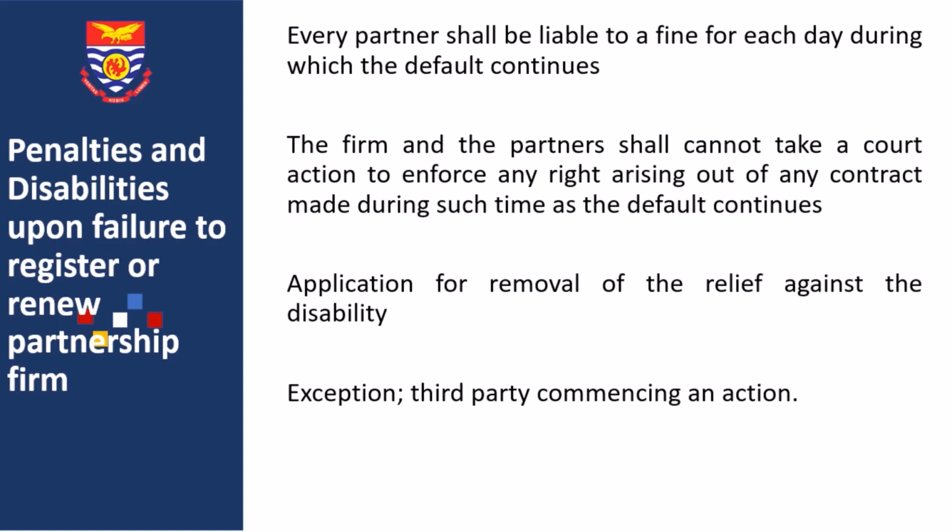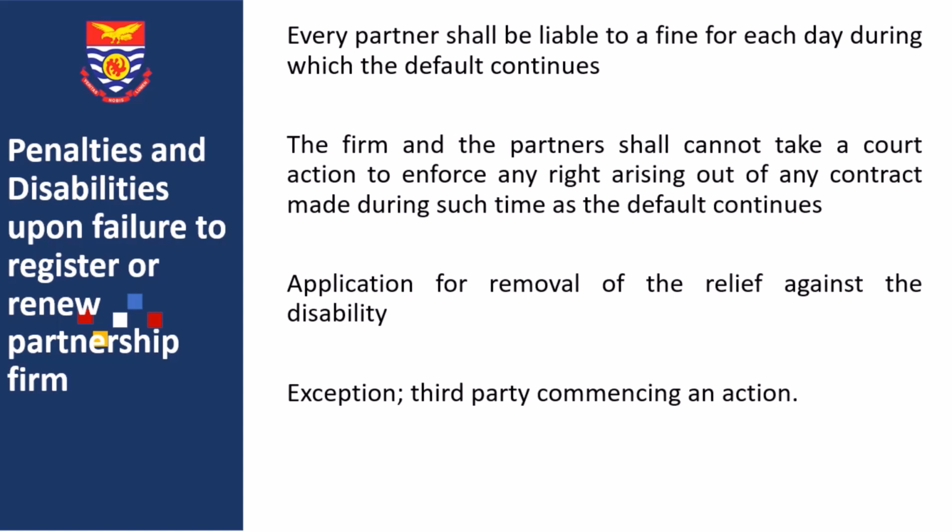What it means is that if you're supposed to renew your partnership firm, for instance, you register your partnership firm last year, January, and you expected to renew your registration this year within the 28 days after the first day of July, and up to now you have not renewed your partnership firm.